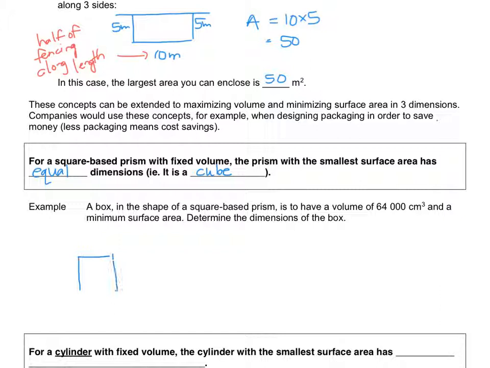Okay, so if we draw a cube, what we know is that for a cube, the length and width and height are all equal. So let's say x represents those dimensions. They're all the same, so we'll label them all with an x. And we know that the volume of a cube is length times width times height. So that tells us that x times x times x has to equal 64,000. X times x times x is x cubed.